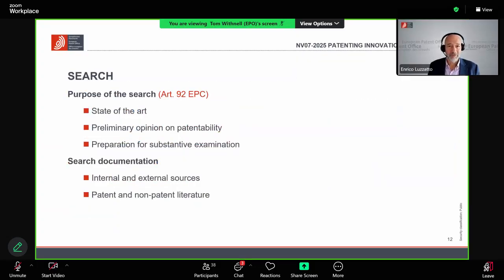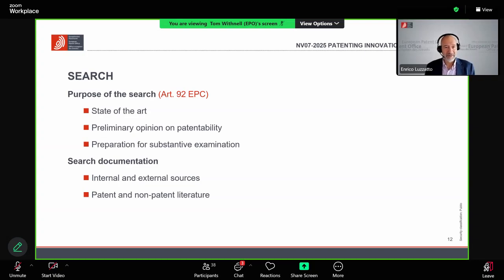Search, you all know what this means: identify documents which may be relevant for the examination of the patent application and for the eventual grant of the patent. So we look for the state of the art, and the search phase also provides a preliminary opinion on patentability.